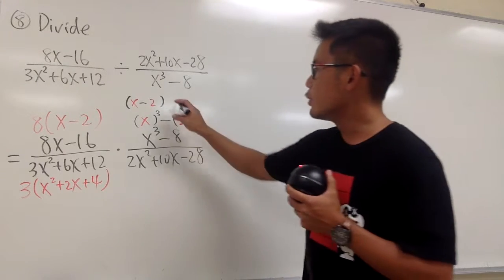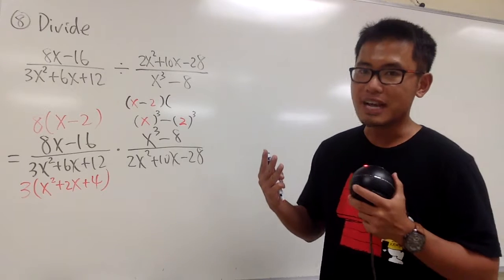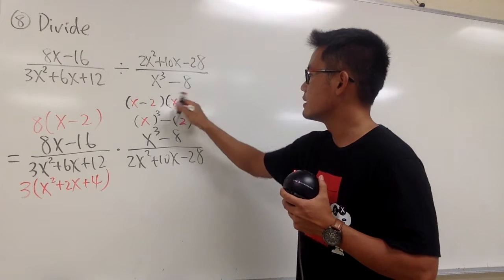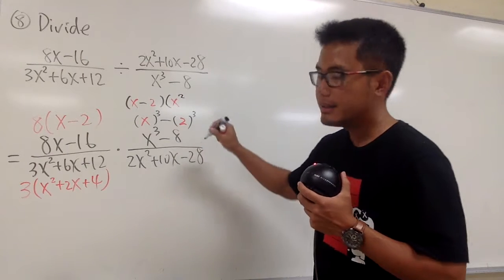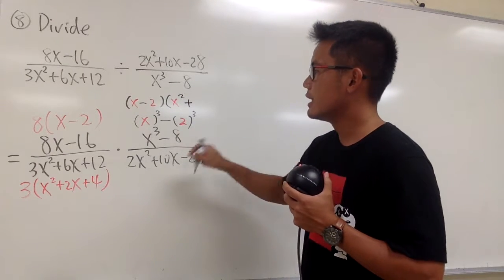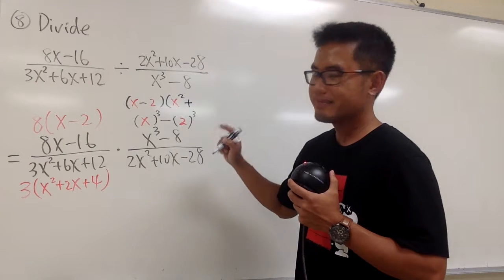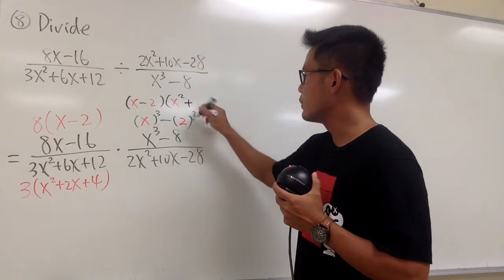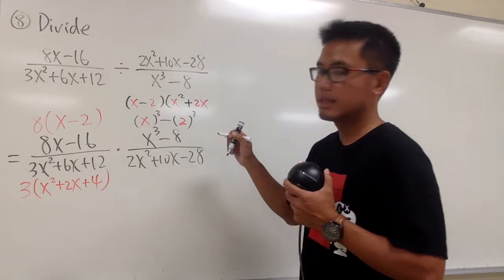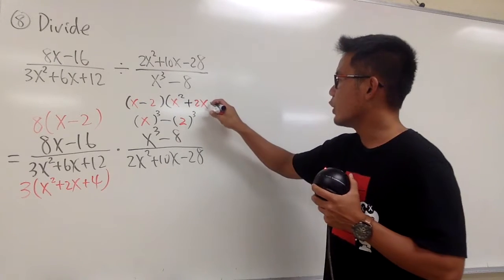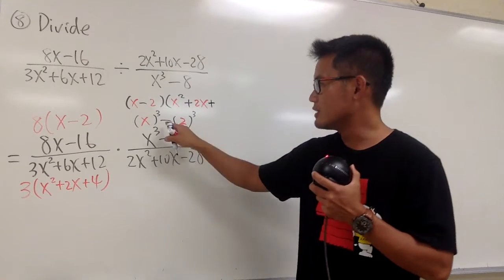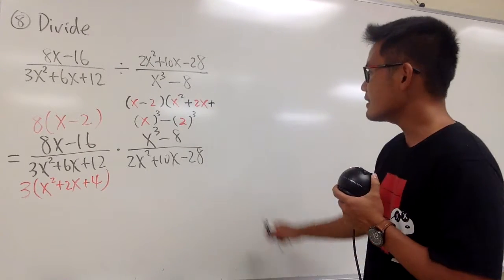For the second parentheses, we have 3 terms inside. First, we will have a squared, which in this case is x squared. And the sign right here is plus. Minus, minus, plus, okay? Then a times b, so we just put down x times 2, and we can write it down as 2x. And for the last term, it's always going to be plus, regardless of whether the sign in the first parentheses was a minus or addition, right?